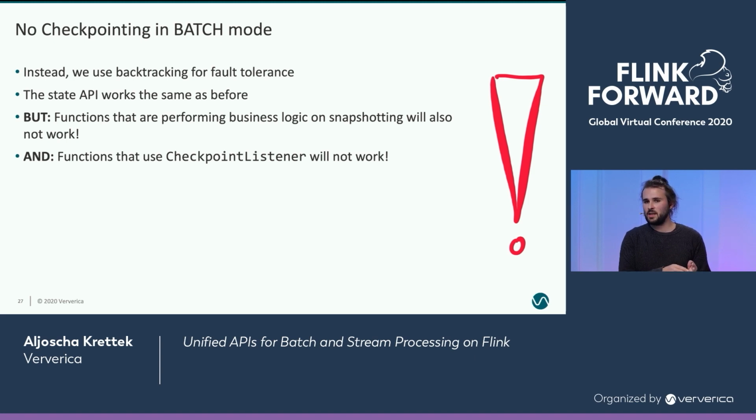So you can use a value state and a list state, say, and they will just work. It's just that the mechanism behind it that makes it fault tolerant is different, and it will be executed in a different way, where there's just one pass over all the records of one key so that we can keep very little state while we are processing those groups of keys.